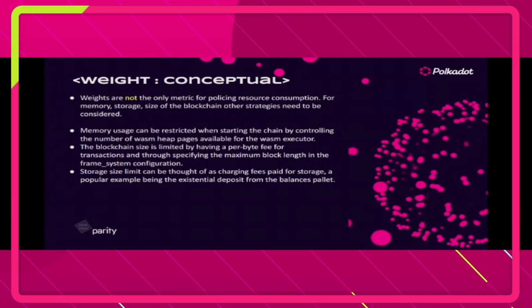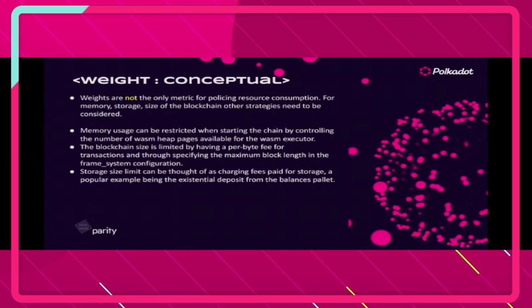What I'd like to point out here, going on with the theme of the previous slides, is that weights are not the only metric for policing resource consumption. For example, you have memory usage, you have storage, you have the size of the blockchain, and you need to consider other strategies to deal with them. So how do you tackle the problem of memory constraints?